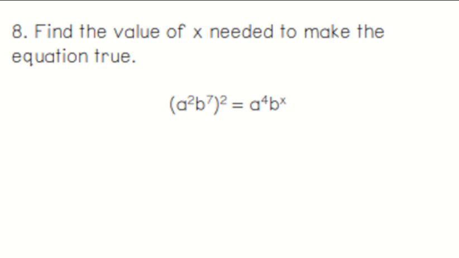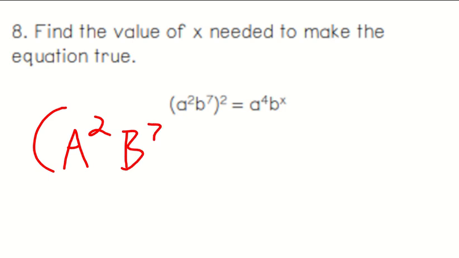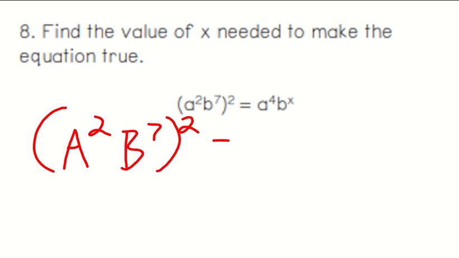All right, I'm going to rewrite this one so it's a little bigger so you can see it better, okay? I got a to the 2nd, b to the 7th, all that squared, equals a to the 4th, b to the x. We got to figure out what x equals.